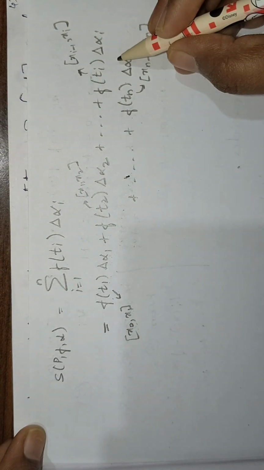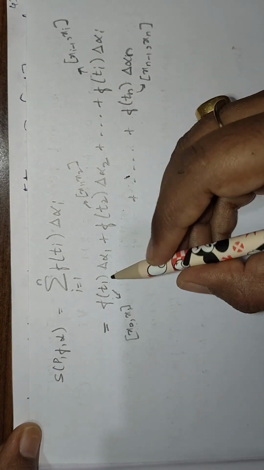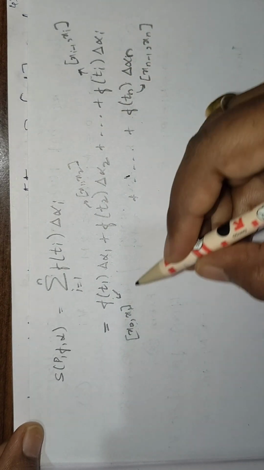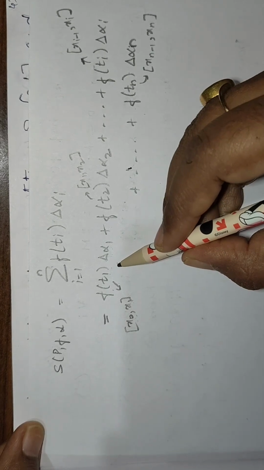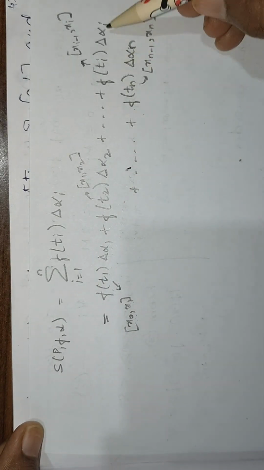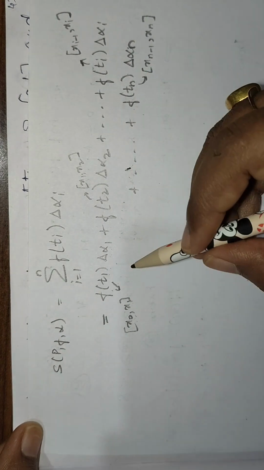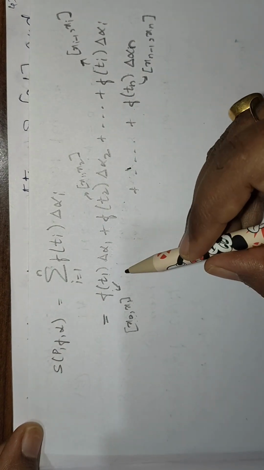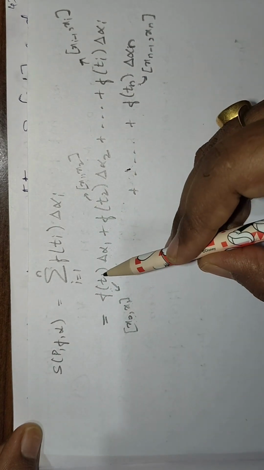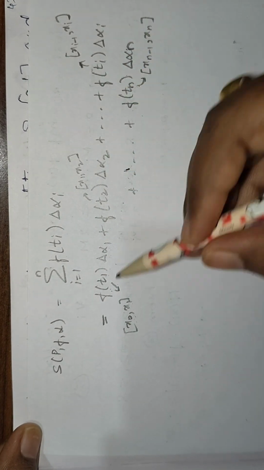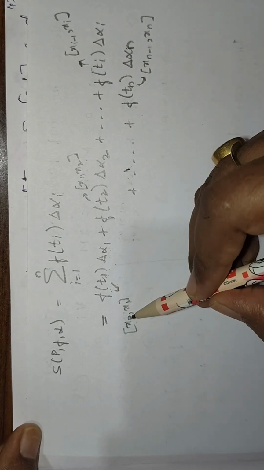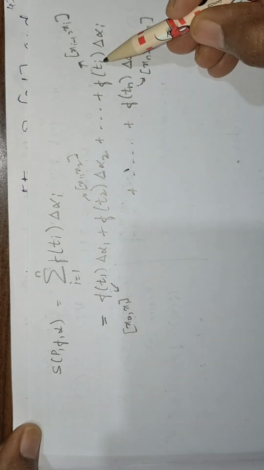So this is for one set of t1, t2, ti, etc., tn values. But you can choose many such sets, which are completely different from this t1, t2, ti, tn. So you can construct many such sets consisting of these types of points. These points must satisfy the condition that each should belong to its particular subinterval.